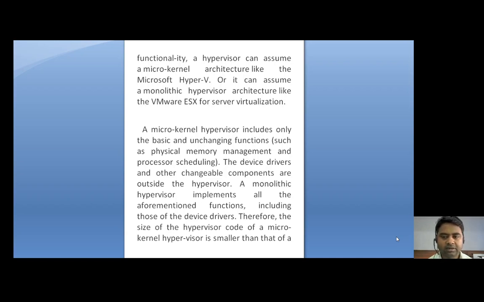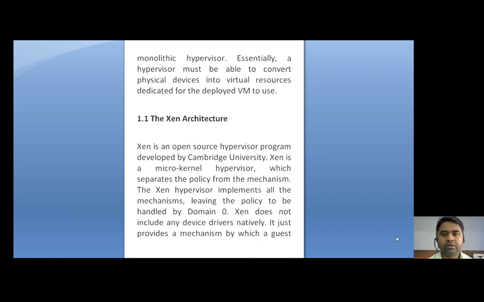The device drivers and other changeable components are outside the hypervisor. A monolithic hypervisor implements all the aforementioned functions, including those of the device drivers. Therefore, the hypervisor code of a microkernel hypervisor is smaller than that of a monolithic hypervisor.